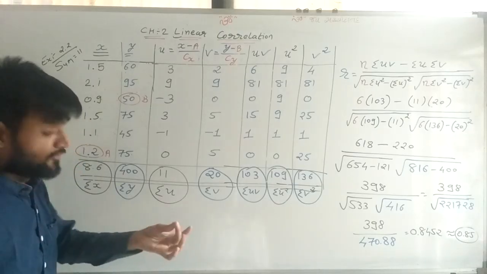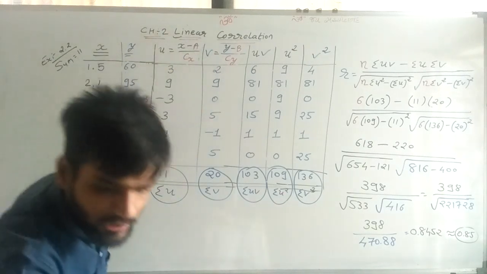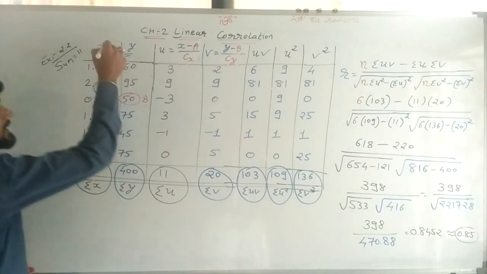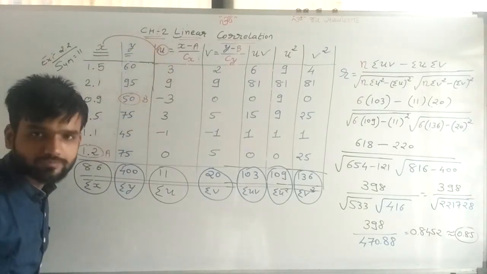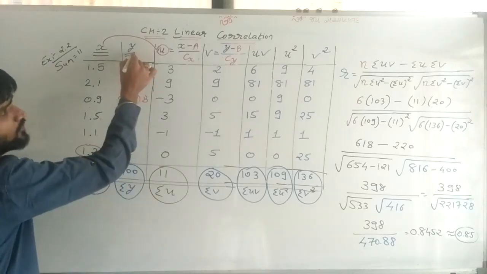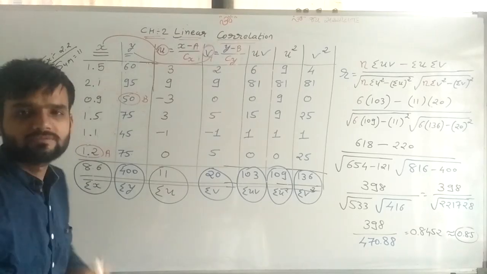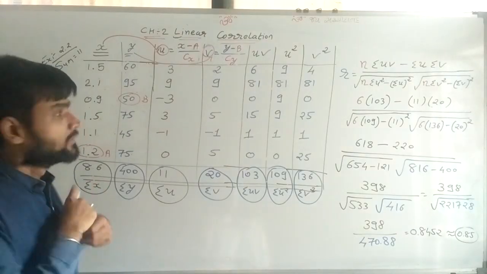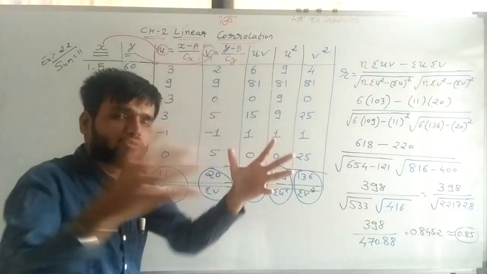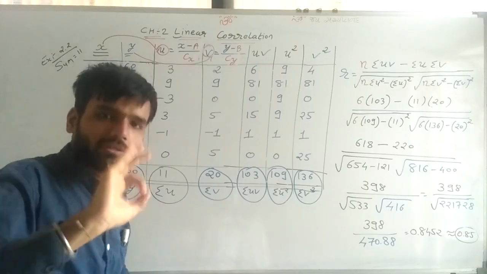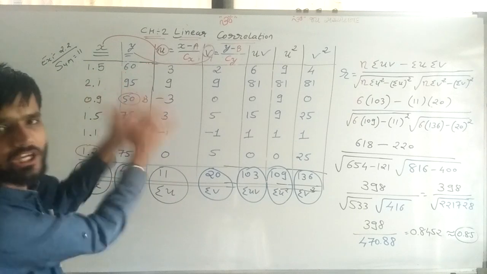And for that we are finding u and v. On the basis of x we can find u, and on the basis of y we can find v. Whenever we want to convert large values into small values, what are we doing? Deducting and dividing. Same thing we are doing here.